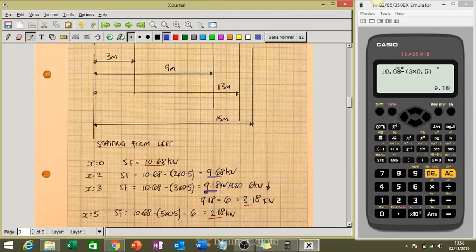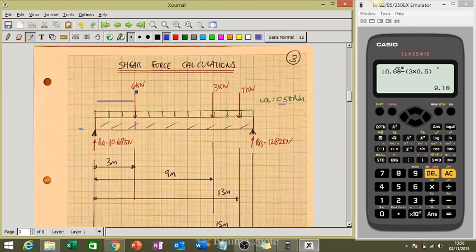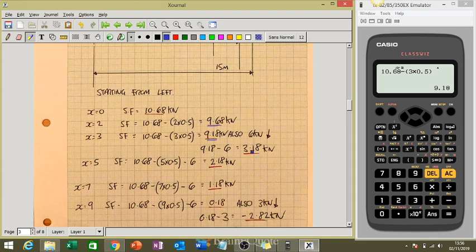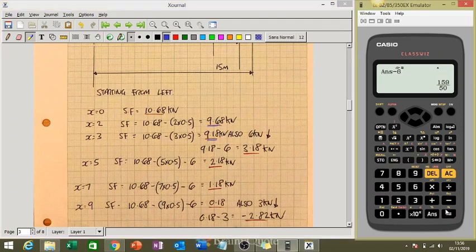kilonewtons. And that's 1 point I plot on my graph, but I've also got the 6 kilonewtons coming down. So make sure you have 2 points when you've got a point load. I got 9.18, it's going to be 1 point, but I've also got the 6 kilonewtons coming straight down. So I'm going to take away the 6, gives me 3.18.